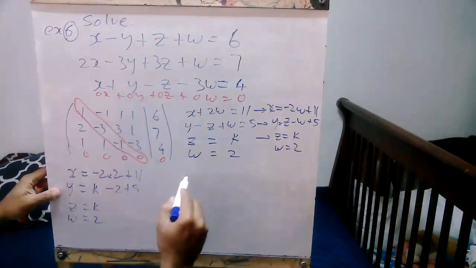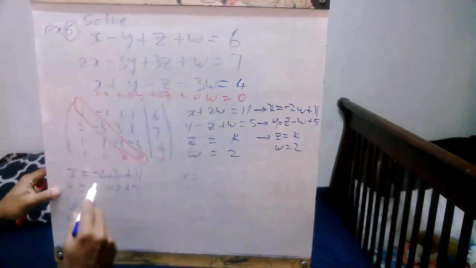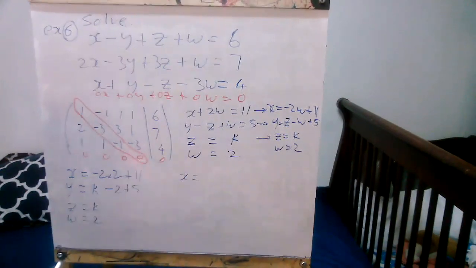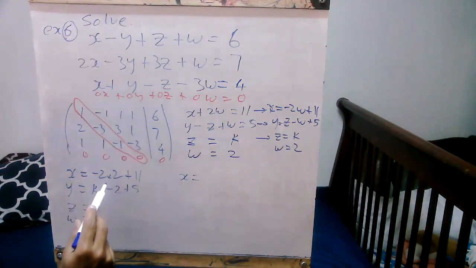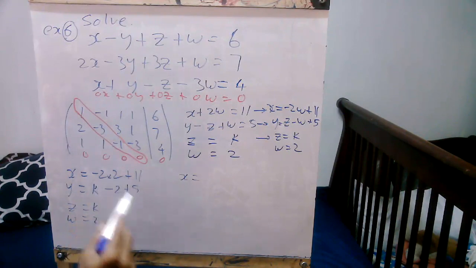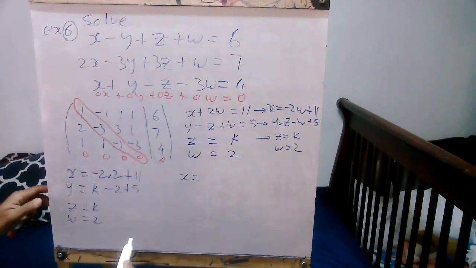So this gives us x equals negative 2 times 2, which is negative 4, plus 11, so x equal to 7.